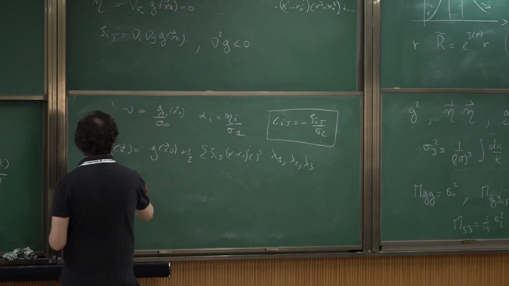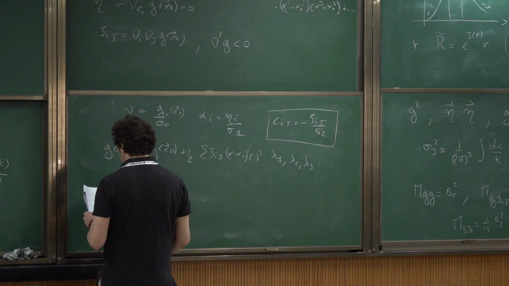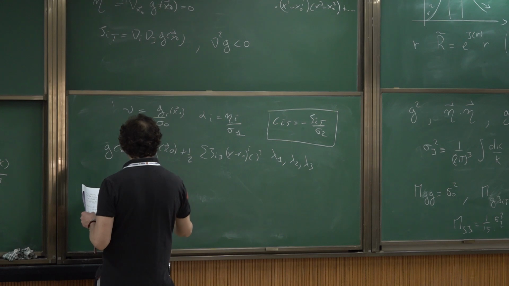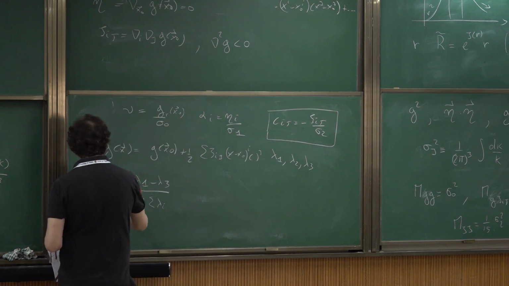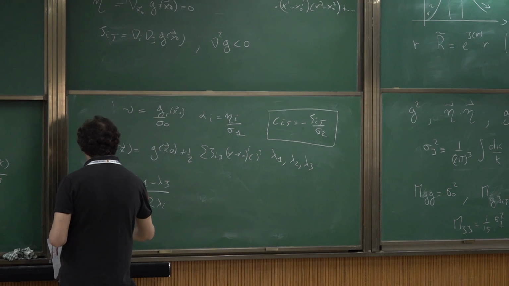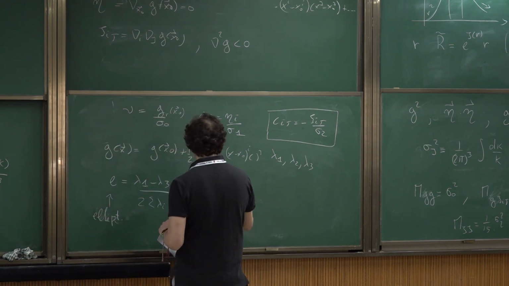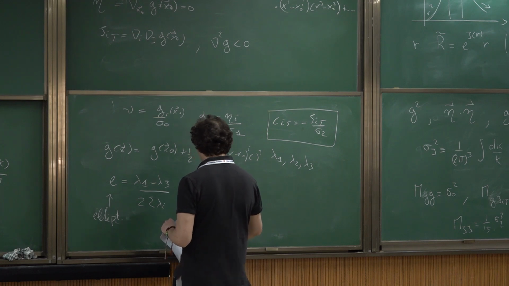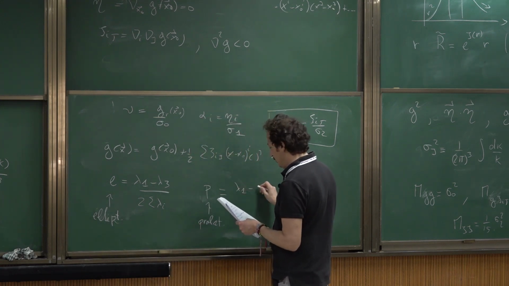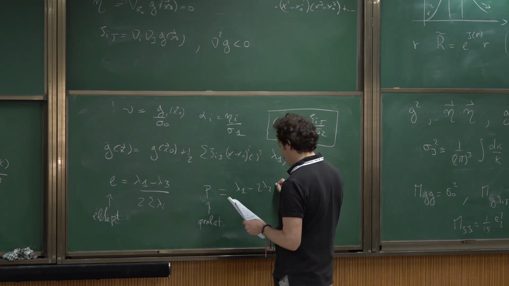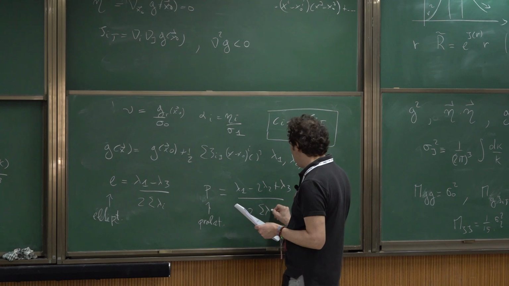E equal to lambda 1 minus lambda 3 divided by 2 sum of lambda i's is called ellipticity. And then there is the prolateness, which is equal to lambda 1 minus 2 lambda 2 plus lambda 3 divided by 2 sum of lambda i's.